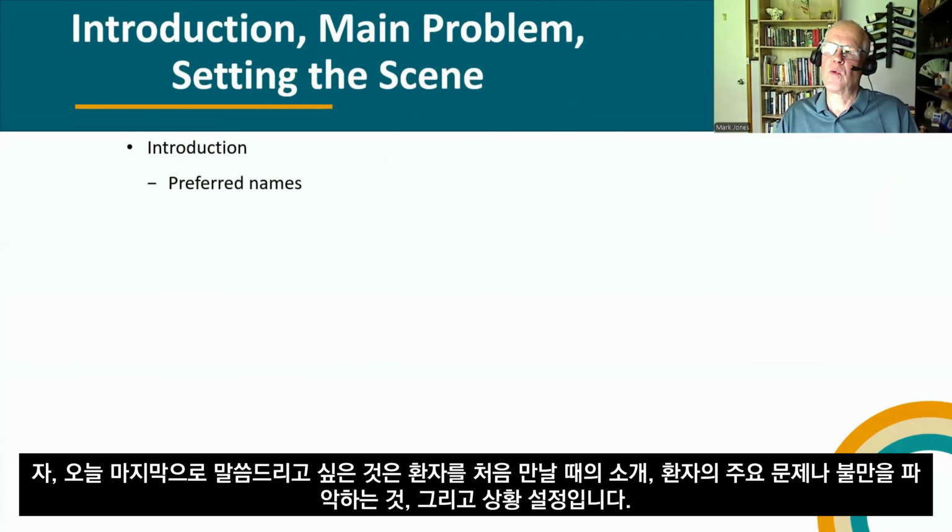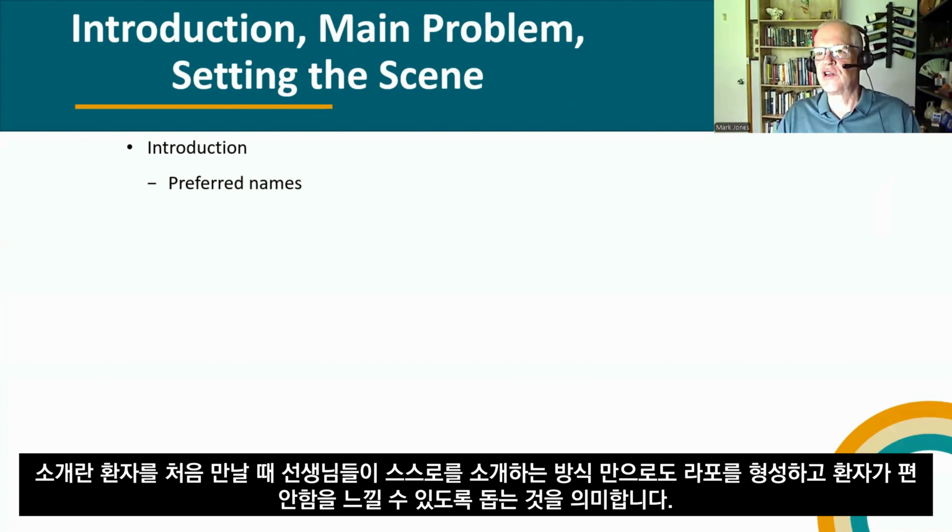So the last thing I want to talk about today is our introduction when we first see a patient, our establishment of their main problem or complaint, and what we call setting the scene. Now, by introduction, I mean when you first meet a patient, trying to develop this rapport and help the patient be at ease just by how you introduce yourself.